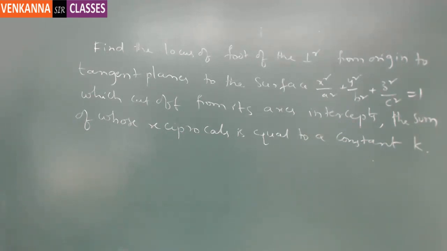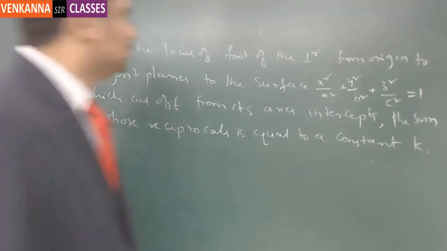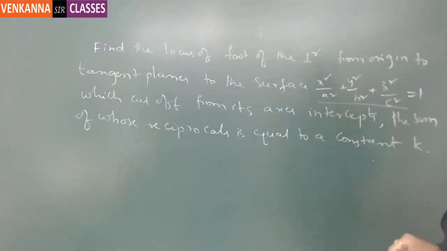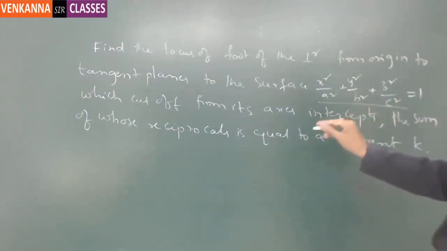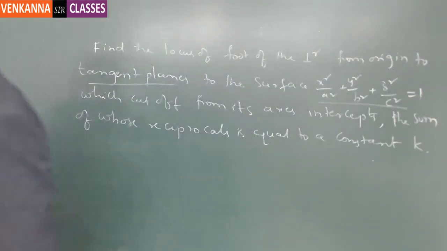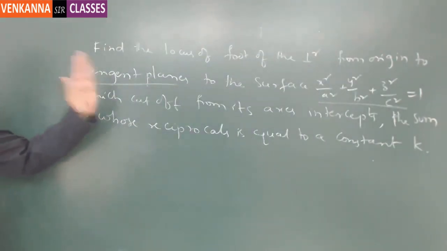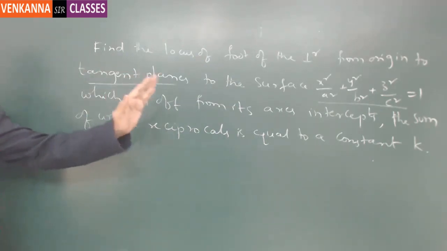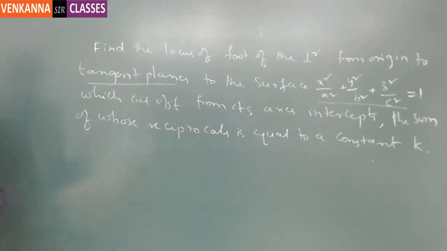So first note down the question, then we discuss the approach. Here, for the ellipsoid, you are considering the tangent planes. In the first place, we calculate the tangent plane for the ellipsoid in the general form.